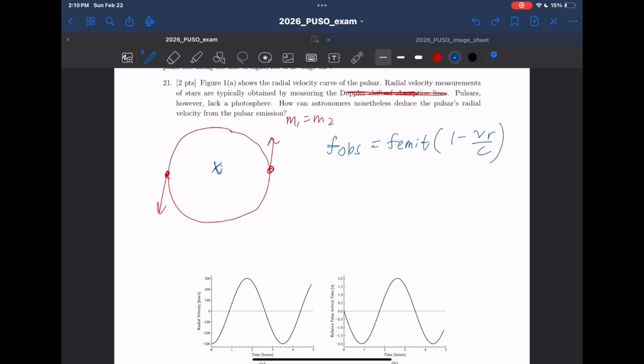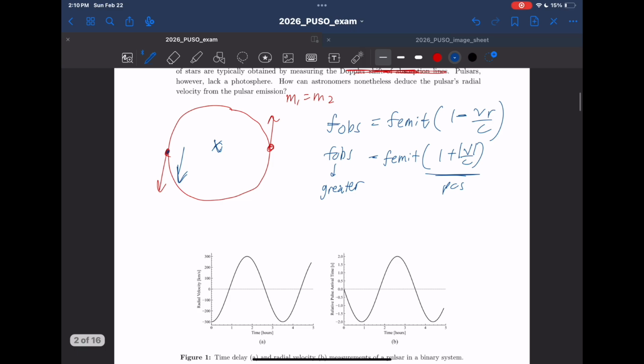With their velocity convention, as the pulsar is getting closer to us, the velocity is going to be negative. So you're going to have f emitted equals 1 plus v over c, where v is the magnitude of the velocity, times f observed. So then this will be positive, and as the pulsar is getting closer towards us, your frequency will be greater.